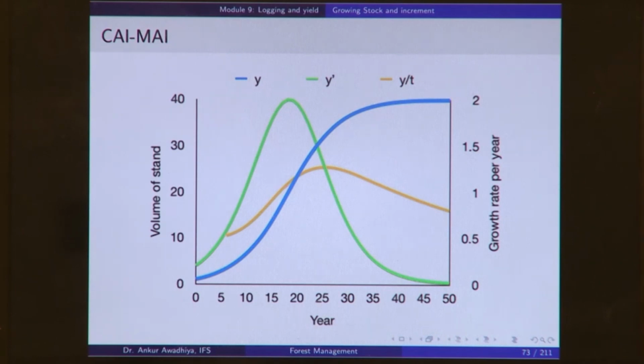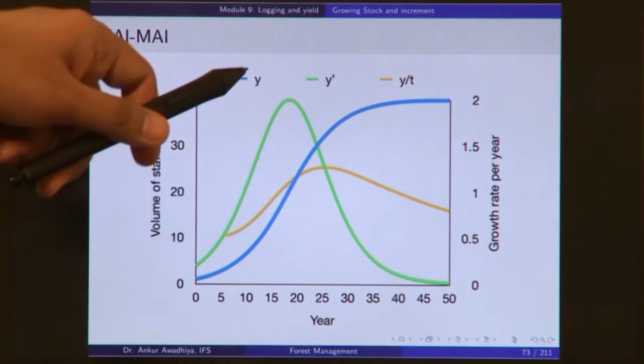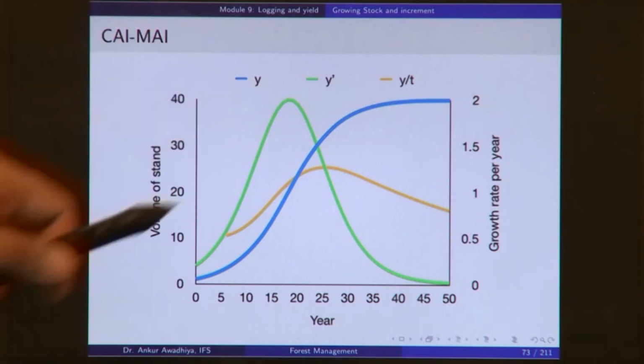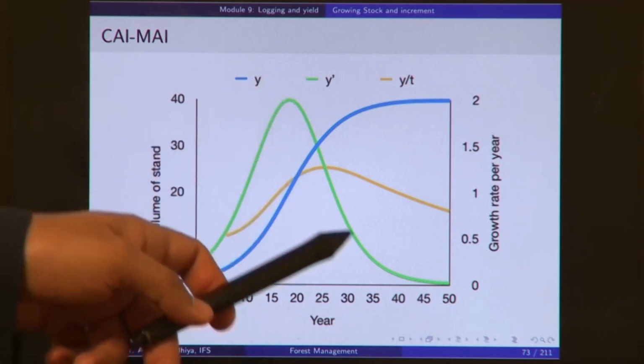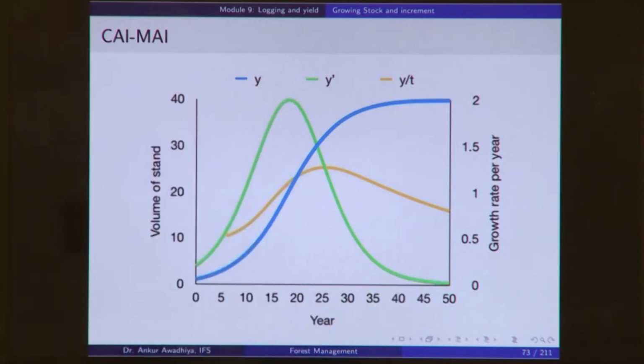So, the total growing stock is increasing, then it reaches a maximum rate of growth at the inflection point, and after that the CAI is reducing, which means that the rate of growth is reducing, and after a while the rate of growth even comes to 0.